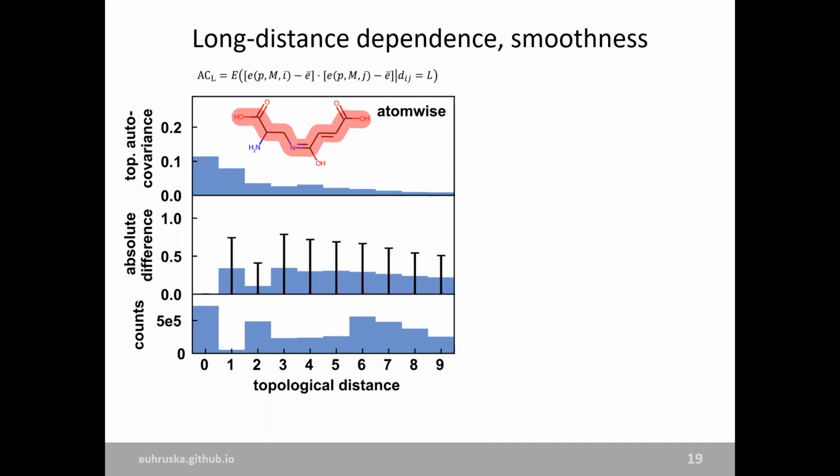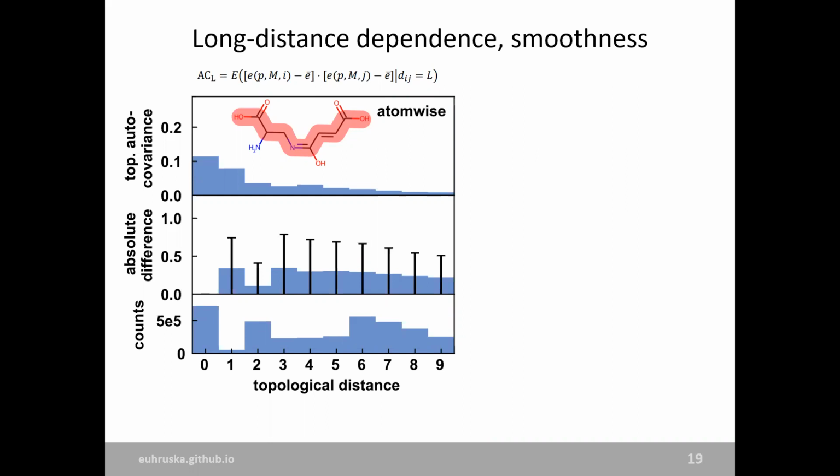And this topological autocovariance decreases, but even at a distance of 1, we have some covariance, and it only decreases further with increasing distance, which means there is some kind of similarity between neighboring atoms. And as expected, the similarity decreases with increasing distance.